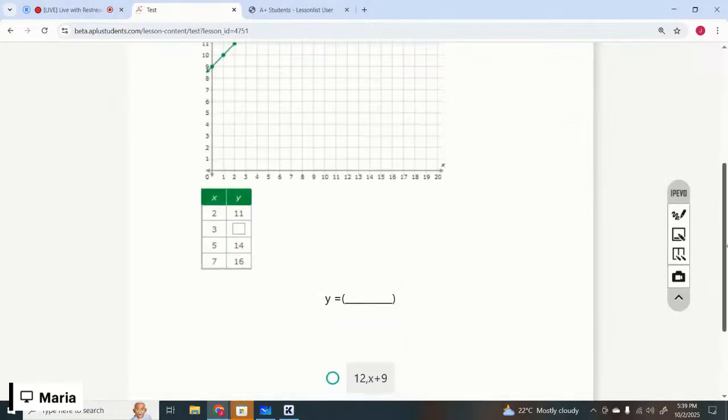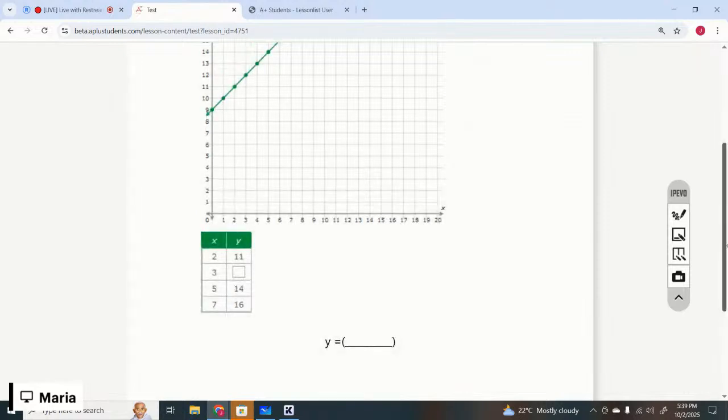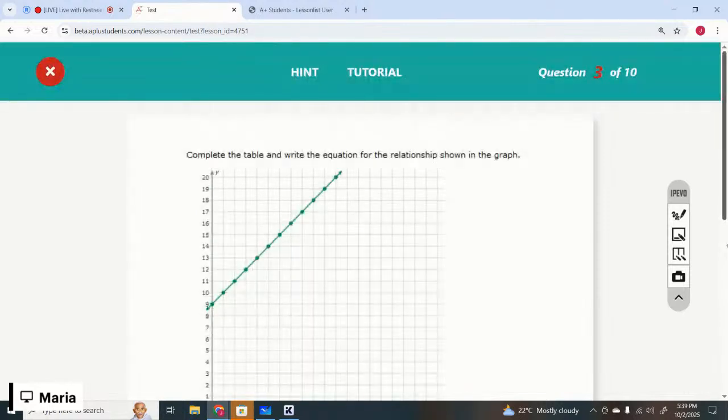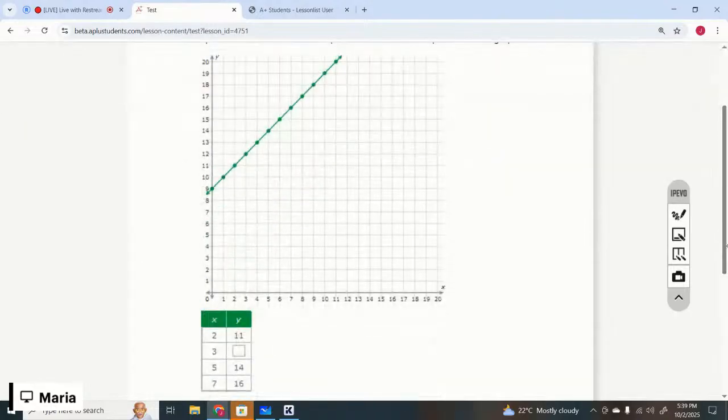Okay. When x equals 2, y equals 11. When x equals 3, y equals 12, I think it is.